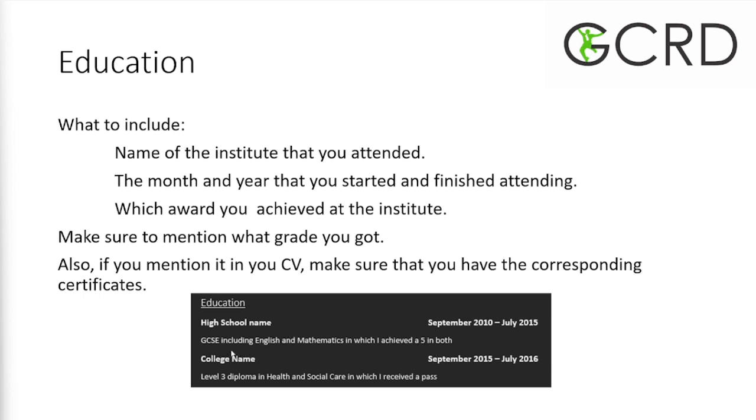So over here it says GCSE including English and mathematics, in which I have achieved a 5 in both. Only mention things in your CV if you have a certificate for it. But I think in terms of GCSEs, if you don't have them, I think the university will accept that. So I think that should be it for the education section.